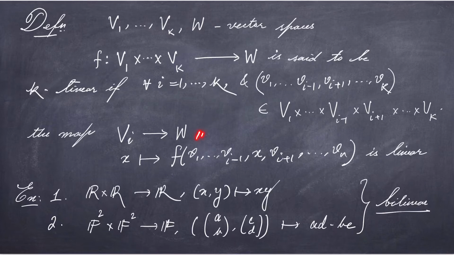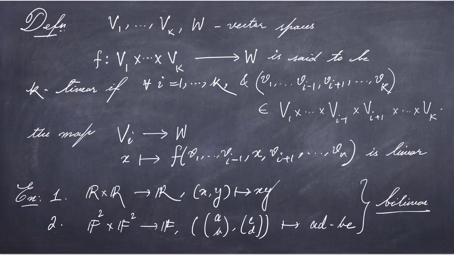Note that in this function, v1 to v(i-1) and v(i+1) to vk are all fixed. You can regard it as a single vector variable function, and this we insist to be linear. For each i, if that happens, then we call the map a k-linear map.